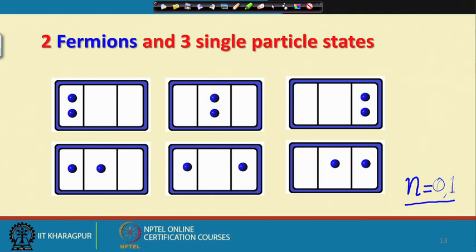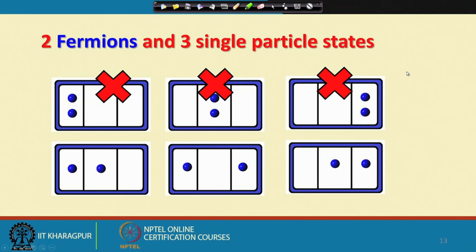Can you tell me what they are? Obviously, I can very easily show that the first 3 states, where you have an occupation number of 2 in each of these subcompartments, are not possible for fermions. So, for fermions, the possible microscopic states are these 1, 2 and 3.